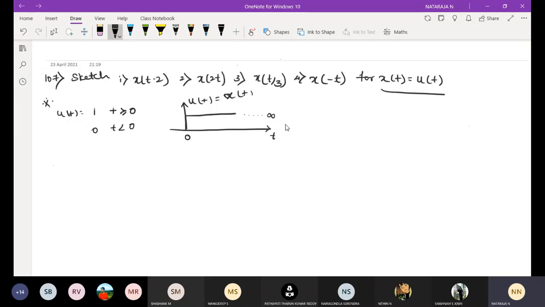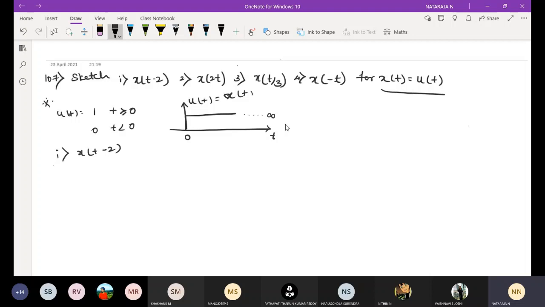Now I need to solve the first case, x of t minus 2. Observe the x of t signal: it starts at 0 and ends at infinity, so the limits for this problem are 0 to infinity.